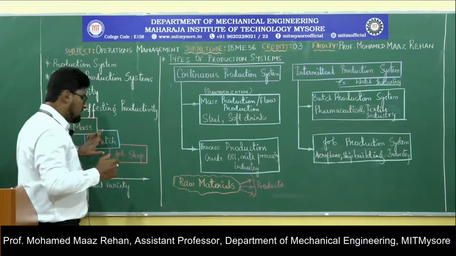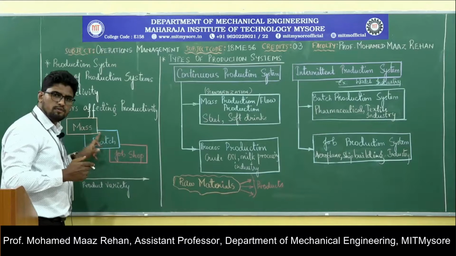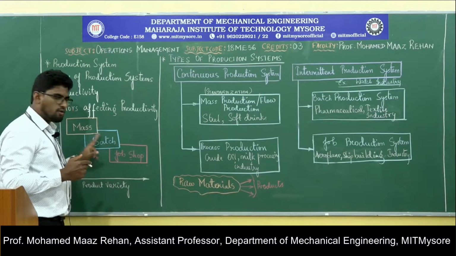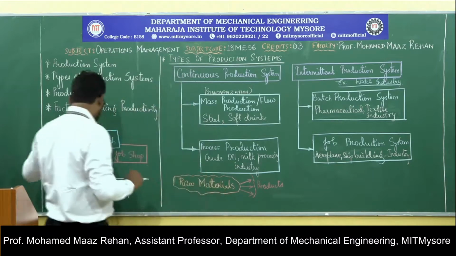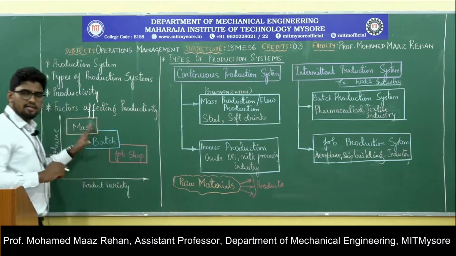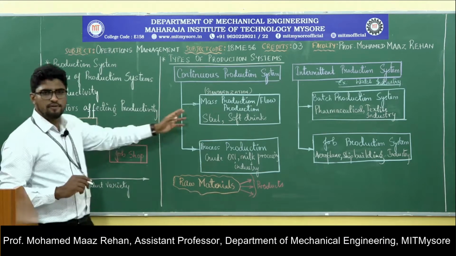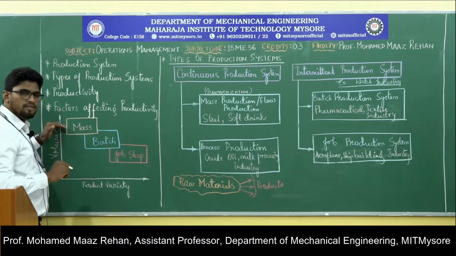Batch production is nothing but an extension of job shop production. One more thing we need to understand from this graph: in mass production, the product variety is very low and the volume is high.